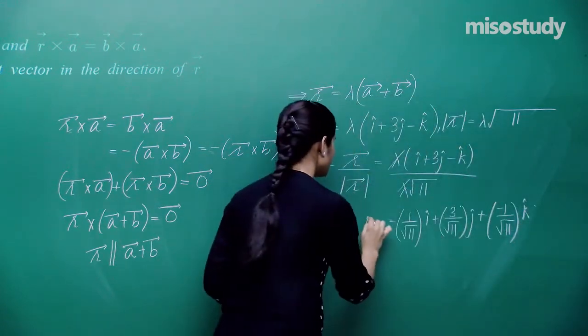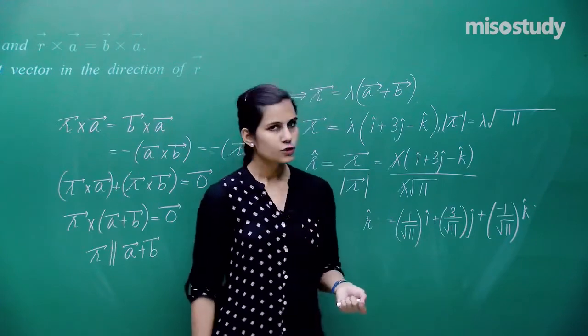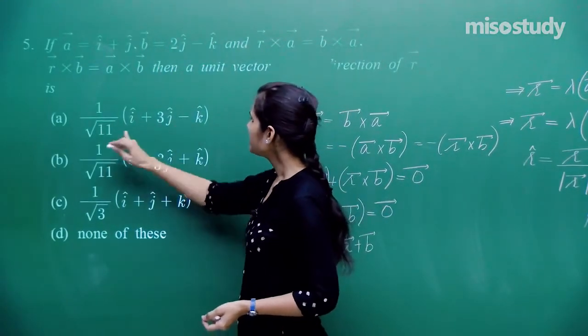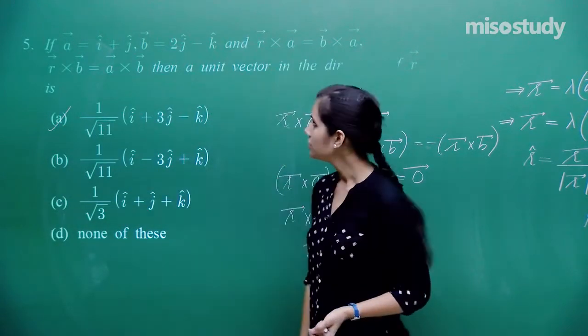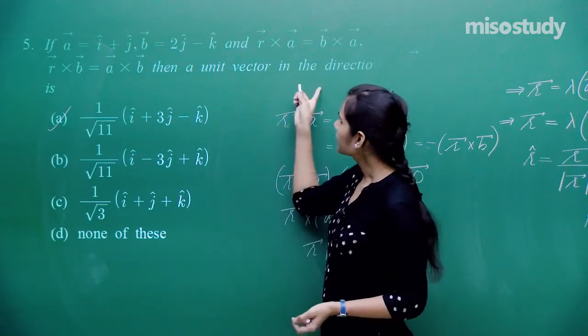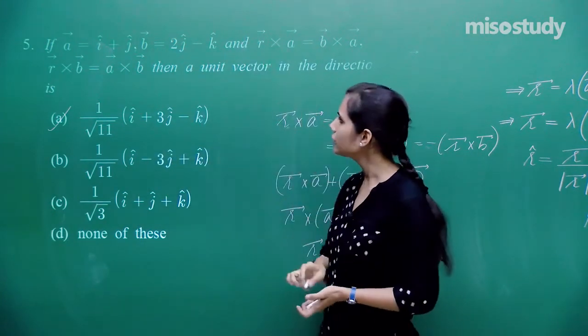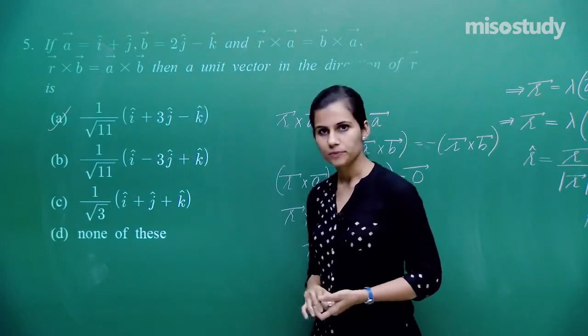This is the unit vector in the direction of R vector. So let's see, you have i cap plus 3j cap minus k cap by root 11. This is that vector which is the unit vector in the direction of R vector, where R vector is a vector such that R cross A is equal to B cross A and R cross B equals A cross B, where A and B are given to you.